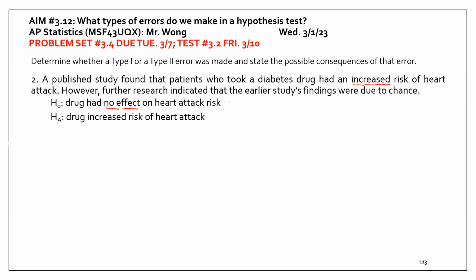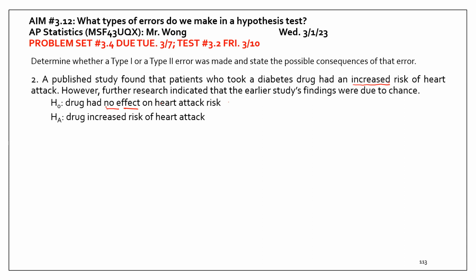So, was this a type 1 or a type 2 error? Well, what was the original conclusion? The original conclusion was that patients had an increased risk of heart attack after taking the drug. So that would be evidence in favor of the alternative.